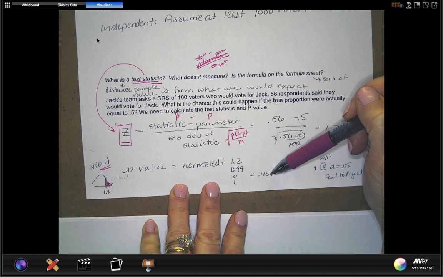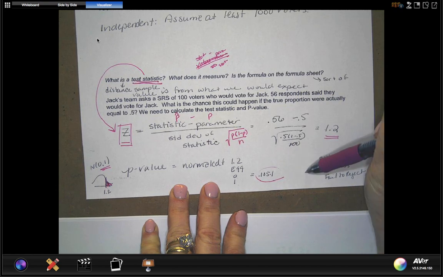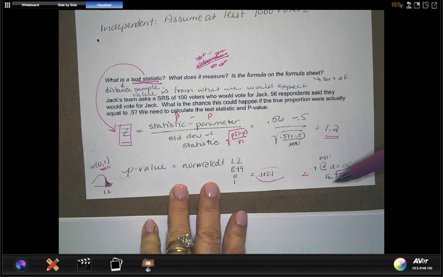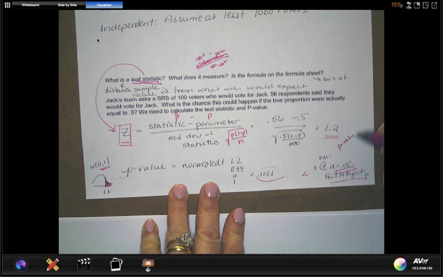I get that p-value, okay? If I were doing this test at the alpha equal 0.05, this number is greater than that, so I would fail to reject. All right, remember from yesterday, p-value less than alpha, we reject. P-value greater than or equal to alpha, fail to reject. Okay.